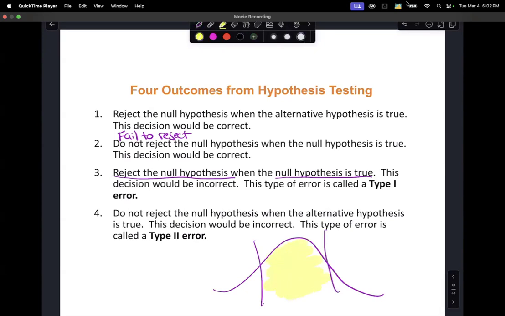This is the safe area in there, and this out here is called the critical region, just so you know. But let's say that I landed out here. My sample landed me right out there, but then I failed to reject the null hypothesis. This is a type 2 error.